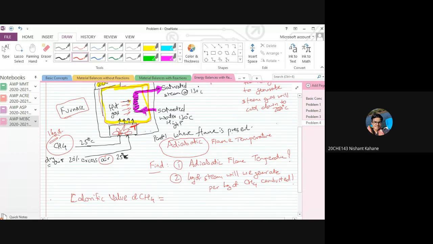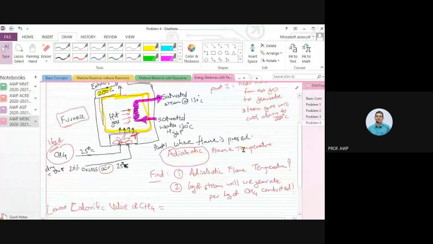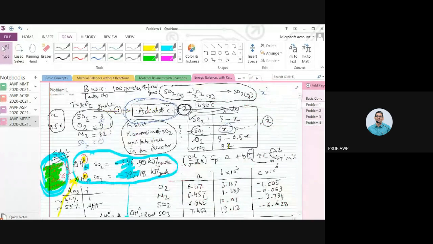Why is that, Karthik? Sir, I'm not able to remember, sir. Sir, because the water conversion is not taken into consideration. If the temperature is high, the temperature is 200, correct. Water is not going to condense. So I'm going to look at the lower calorific value. So let me give you that lower calorific value.